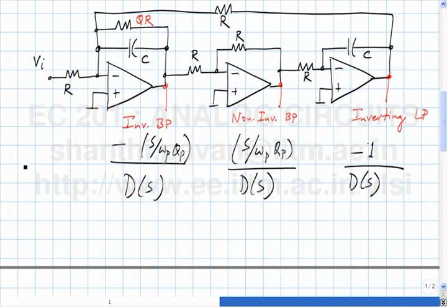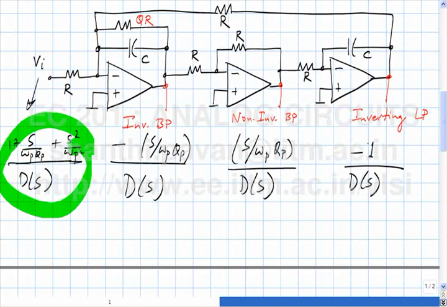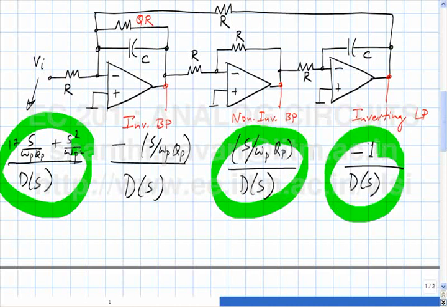You can represent the input as D of S by D of S, and this has got 1 plus S by omega P QP plus S square by omega P square. You understand? So a weighted combination of this guy, or the other chap, and this, you should be able to realize any arbitrary numerator.